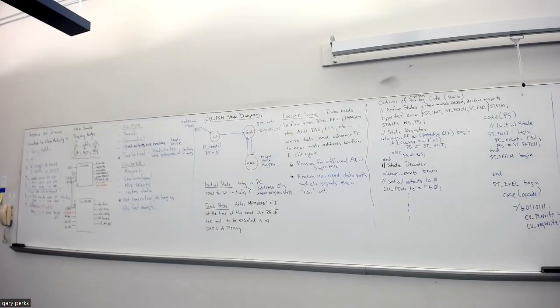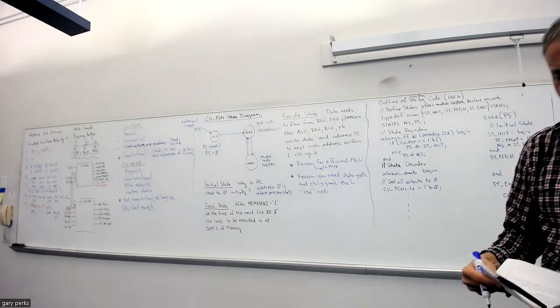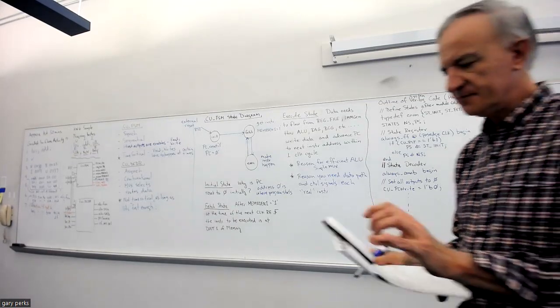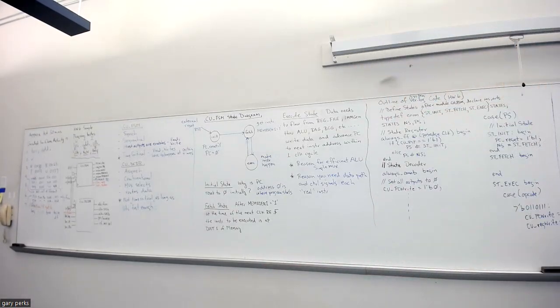Okay, so let's move on now to the control unit decoder. So what kind of block are we going to use for the decoder? Always_comb, right? Well, of course, you've got your module name. You'll need to declare your inputs and outputs just like always.